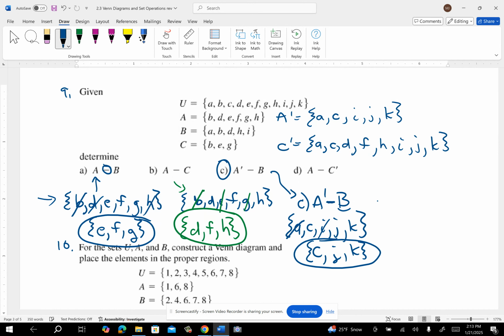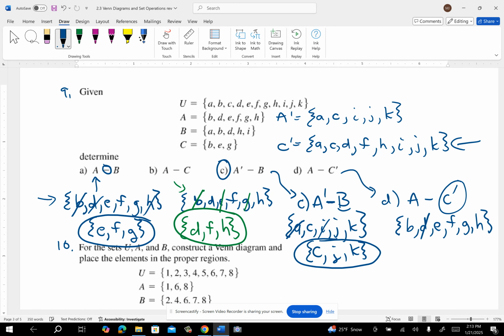Okay. And then for D, I start with set A. D says A, take away the complement of C. So I'm going to start with set A: B, D, E, F, G, H. And then I need to take away elements in the complement of C. So I'm looking here at the complement of C, and I'm going to knock out a D. E is not in the complement of C. F, I'm going to knock out.